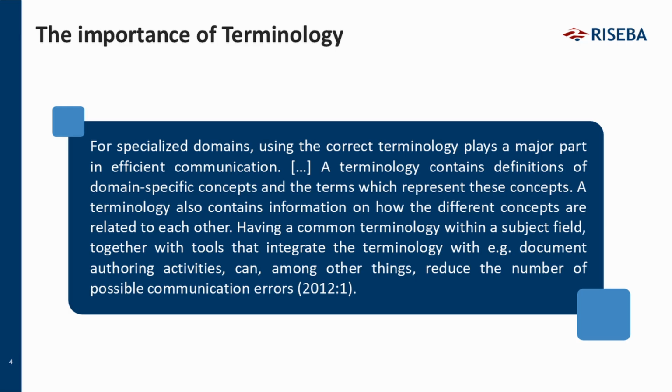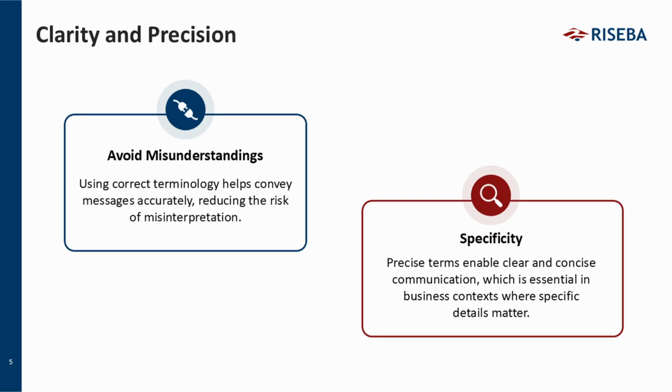So, one of the key points proving that terminology is important is clarity and precision. The terminology helps us to avoid misunderstandings, and using correct terminology helps to convey messages accurately, reducing the risk of misinterpretations. The next point is specificity.